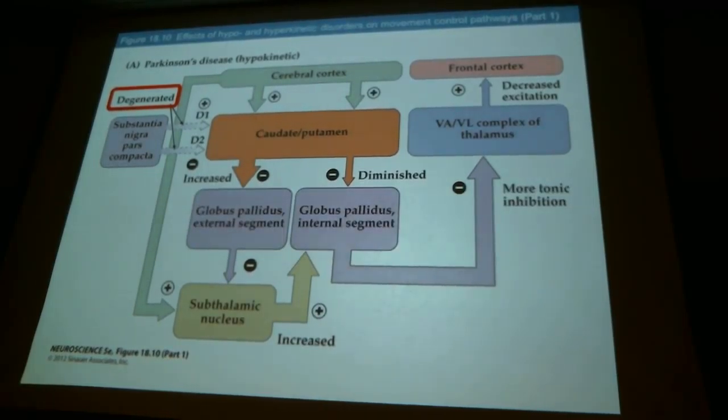So generally the end effect is that you have more tonic inhibition. This affects both the direct and the indirect, but something about the way the system is set up means that it diminishes the direct pathway and increases the indirect pathway, which then enhances the internal segment activity, which means you have more inhibition, which basically puts a brake on movement.